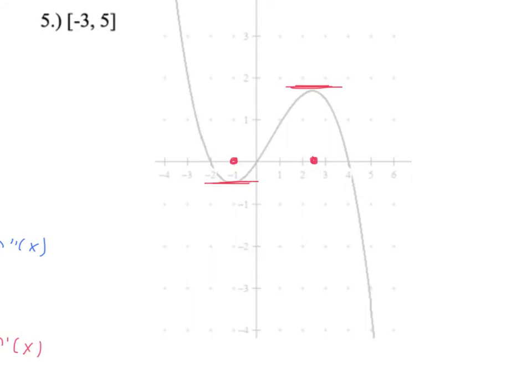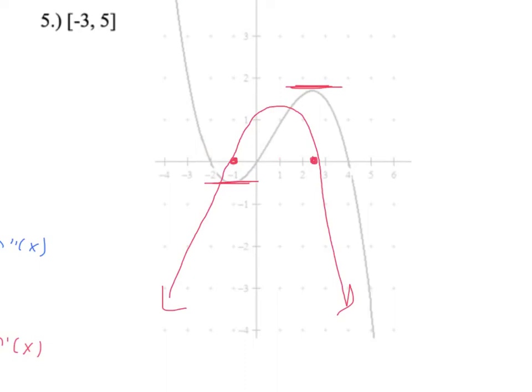So, negative, but then become 0, positive, turn back and become negative. And again, we weren't asked to do so, but this point here is where I stopped from concave up and started becoming concave down. So that would be this turning point, the reason why we had a turning point. So these 2 points actually should line up on the same x value.